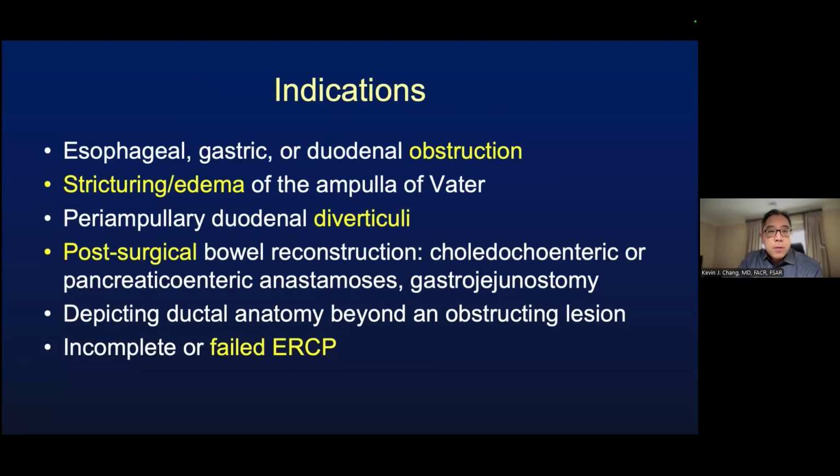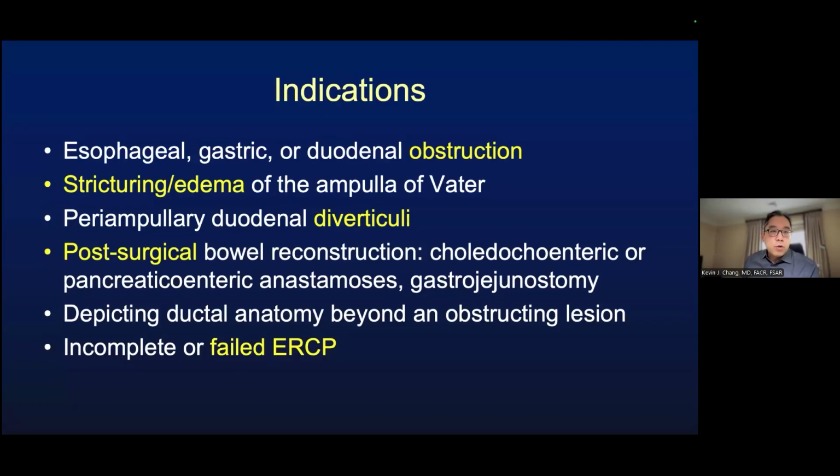So clear indications for MRCP include obstructions in the GI tract, esophageal, gastric, or duodenal obstructions, stricturing or edema at the ampulla of Vater. The presence of periampullary duodenal diverticula can sometimes also make ERCPs more complicated in terms of trying to cannulate the ampulla.